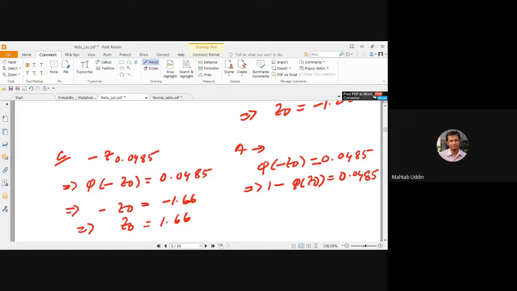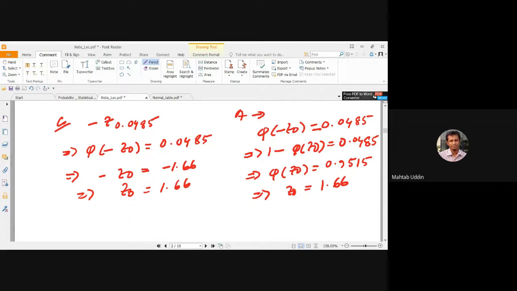Then you can write phi of z naught equals 0.9515. From the table you can find z naught equal to 1.66. So both results give us the same thing.